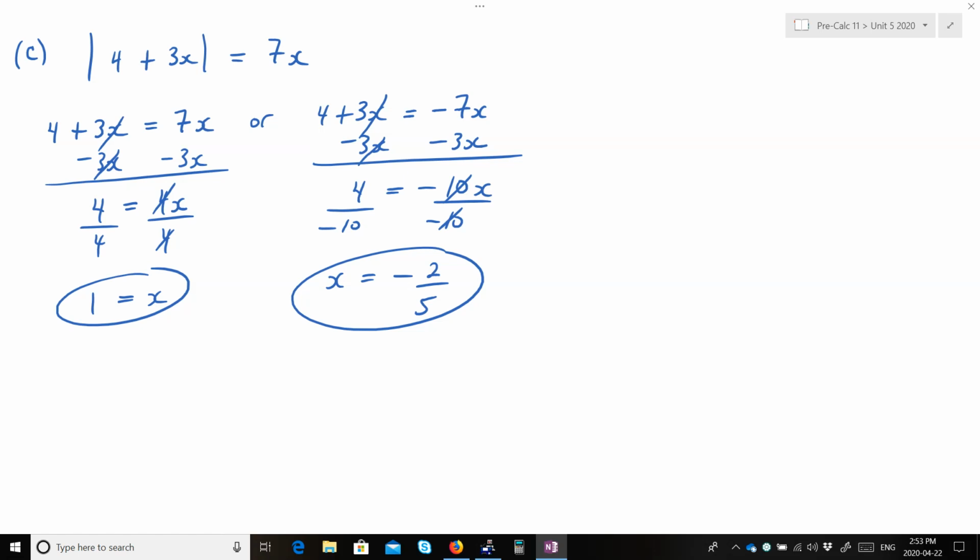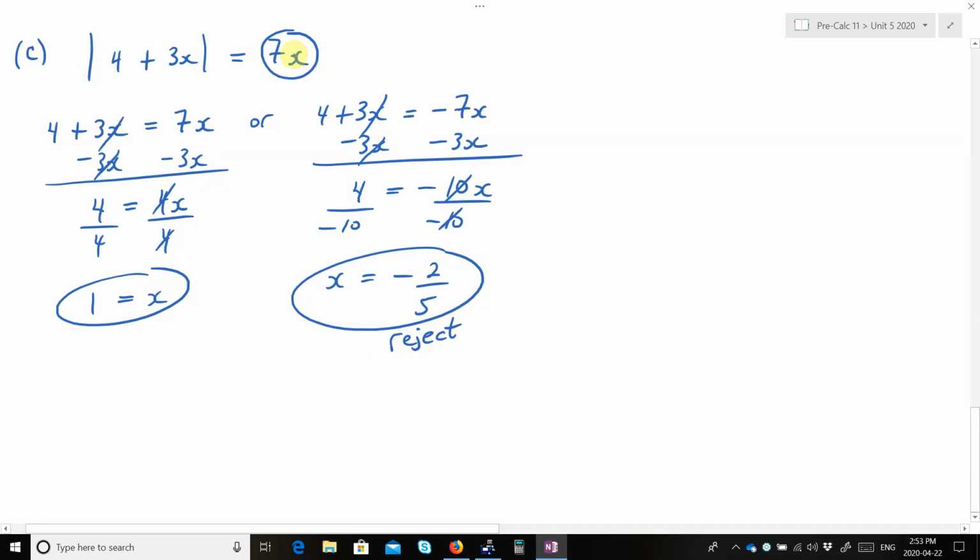I'm just doing a quick glance up above. We're going to have to reject this one because it's going to make the right-hand side negative, and I can see that the left-hand side is going to be positive because it's the absolute value of something. Okay, so we're going to have to reject the negative 2 over 5.